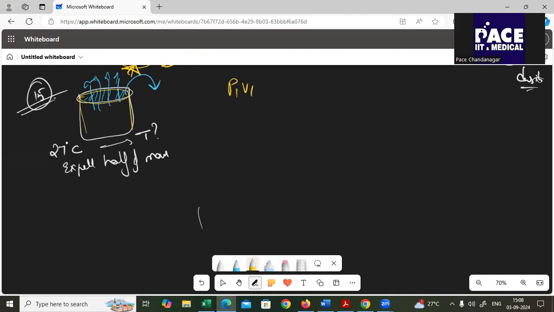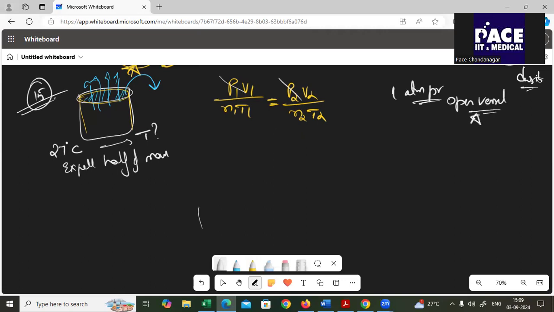See, P1 V1 by N1 T1 equals P2 V2 by N2 T2. Since it is an open vessel, my pressure is the same, 1 atmospheric pressure. Why is that an open vessel? The question did not say that it is an open vessel, but I am considering it to be one because something is being expelled out, which means it has to be open at the top, right?